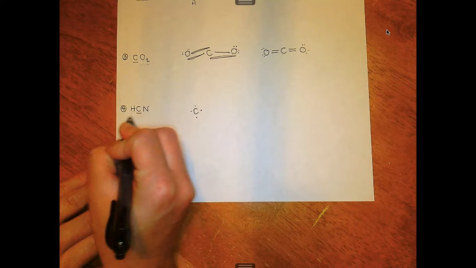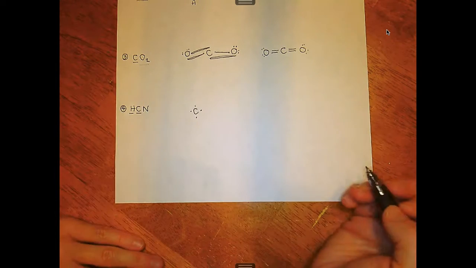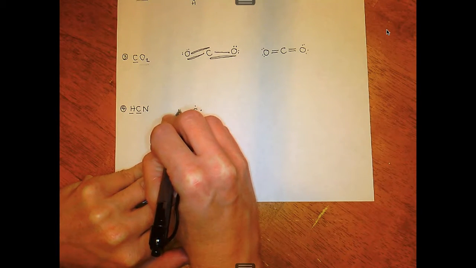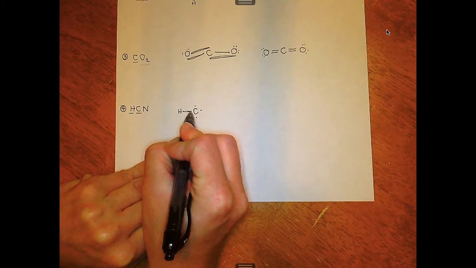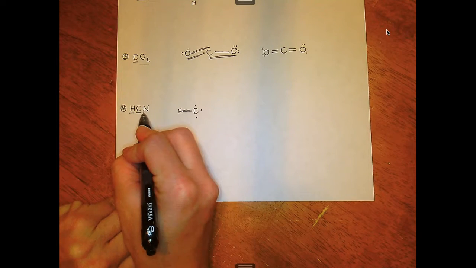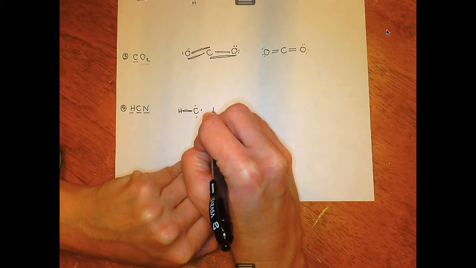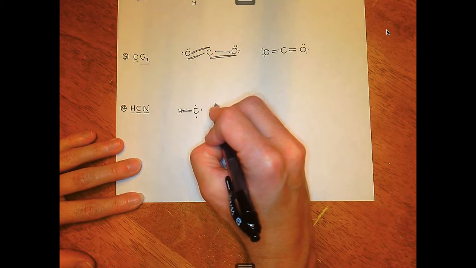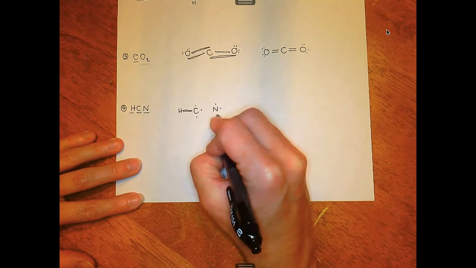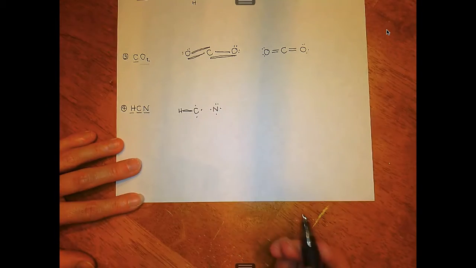So taking care of the carbon, now I've got to figure out about the hydrogen. Well, you can pretty much put it anywhere. It's only got one valence electron. So we know that carbon's going to share with that one hydrogen right there. Then we have nitrogen. We're going to go ahead again, symmetry, and put nitrogen on the other side. It's not perfect symmetry, but it's the best we can do right now. Nitrogen's in group 15. So let's put our valence electrons 1, 2, 3, 4, 5.